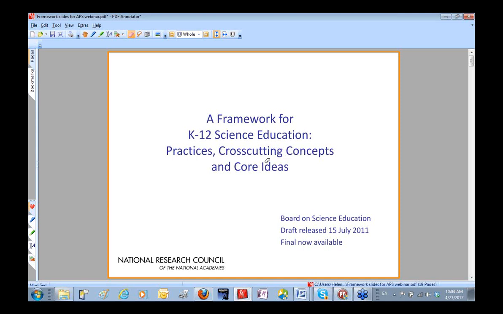We're very fortunate to have Dr. Quinn with us. She's a professor emerita of particle physics and astrophysics at SLAC National Accelerator Lab at Stanford University. She's a former president of the American Physical Society and is a member of the National Academy of Sciences. She's internationally recognized for her contributions to particle physics. What brings her to us today is her long-standing involvement in K-12 science education throughout her career.